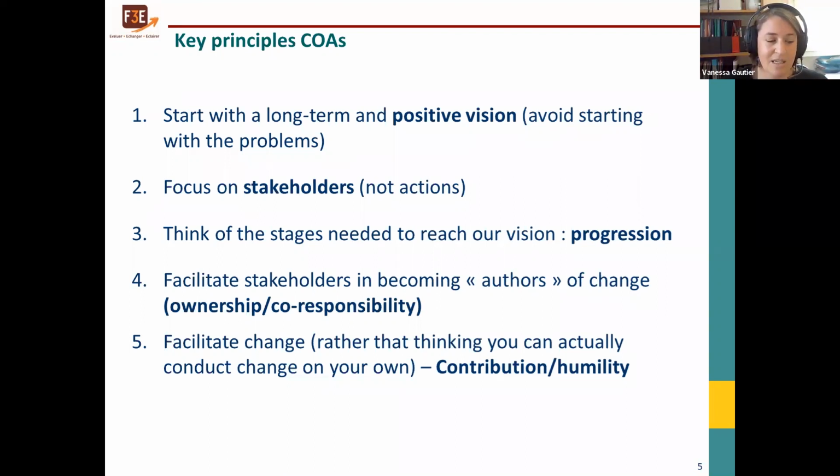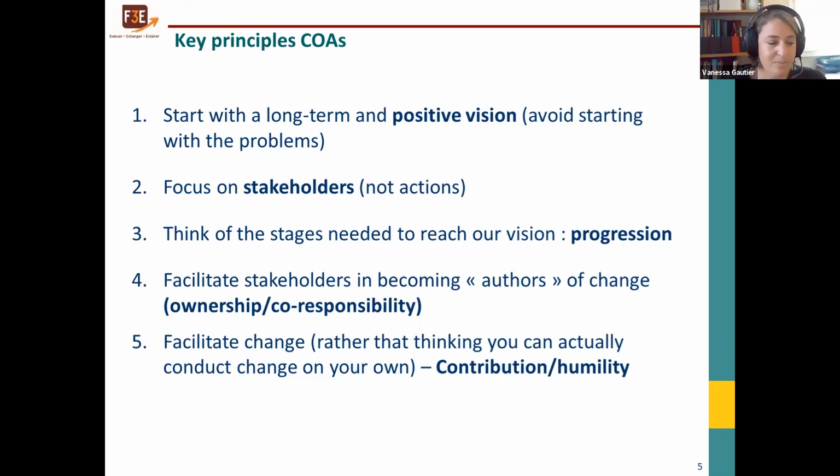The second thing is that you focus on stakeholders and not on actions, based on the assumption that if you want to get social change, then you need to change something in the social fabric, in the social system. So it's all about people, organizations, groups of people. And if these change, then you can actually change the system. So this methodology is about how you look at and influence the change in the people themselves, in their behaviors, their perceptions, their practices, their interactions with one another.